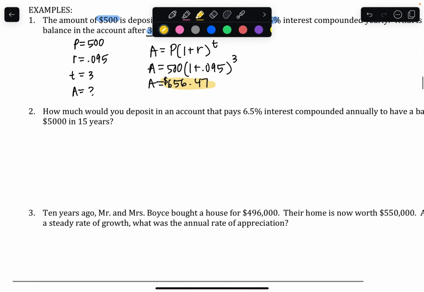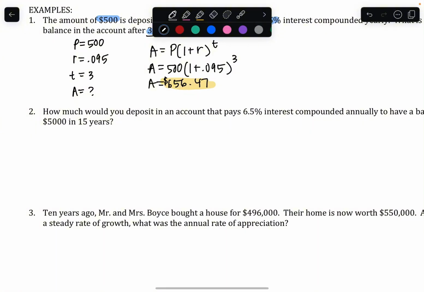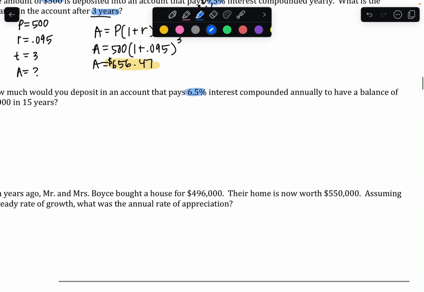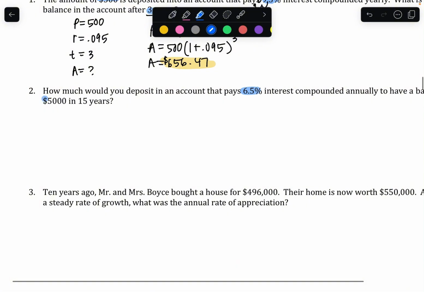Okay, this next example says, how much would you deposit in an account that pays 6.5% interest compounded annually to have a balance of 5,000 in 15 years? So this time our future amount is 5,000.